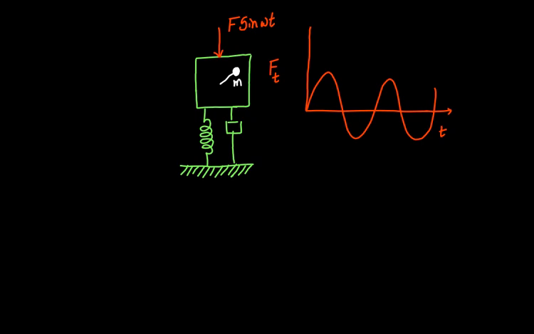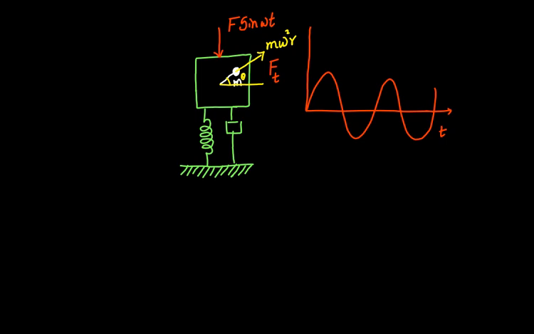As this mass is rotating, it exerts a centrifugal force that acts radially outwards. Of course, the magnitude of the centrifugal force is m into omega squared into r, and this is going to be at an angle theta.